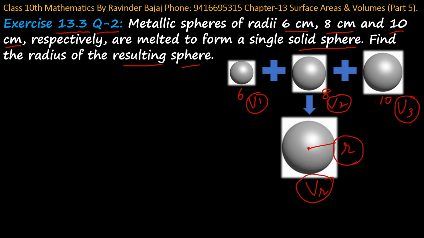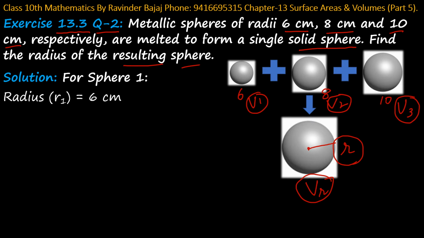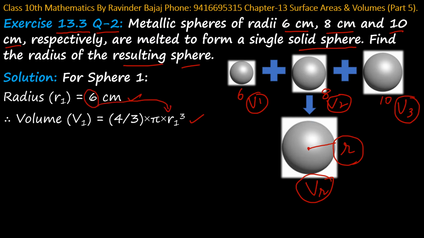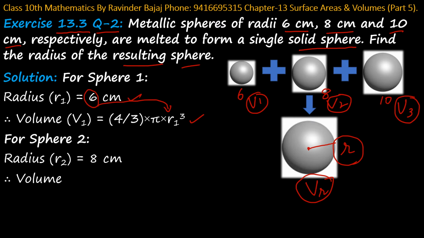Let's see the solution. For sphere 1, radius is equal to 6 centimeter and the volume is equal to 4 by 3 pi r1 cube. We can put the value 6 in place of this r. Okay, next is sphere 2, again find the volume. Volume is equal to 4 by 3 pi r cube, and we can put the value 8 in place of this r.